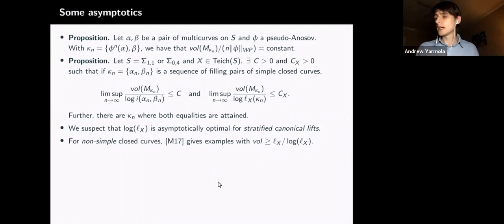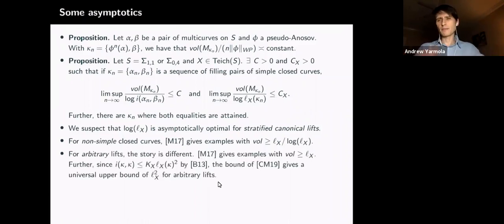Even more so, you might want to consider what happens for arbitrary lifts, where I can pick how I resolve the intersections. I'm not going to use this tangent bundle structure at all. And it turns out that you can do much worse. Andres gives volumes that grow like the length of the curves.